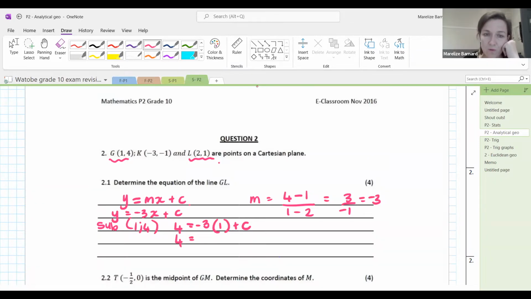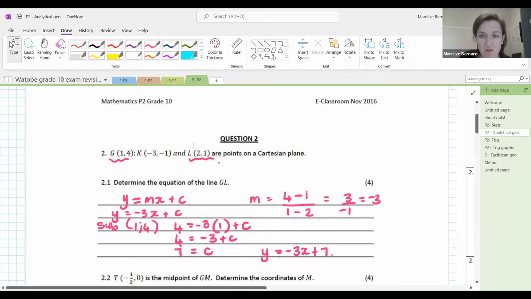So we get 4 is -3 plus c. Take the -3 to the other side, we get 7. So c is 7. So then y is -3x plus 7. So always to solve for c, once you have found the gradient, you sub in one of the points that's on the line to solve for c. You could have subbed in L as well. It would have given you the same thing.